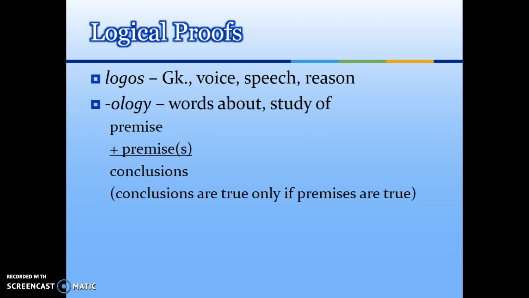So logos, where we get the idea of logic today, is probably more familiar to you in, for example, John chapter 1, right? In the beginning was the logos, which is translated as word in most English translations. So the Greek concept of logos covers a lot to do with speech patterns, the voice, but coupled with intellect and reason.